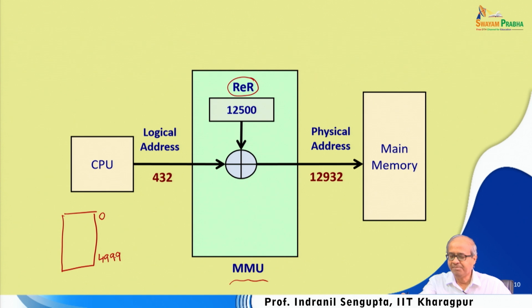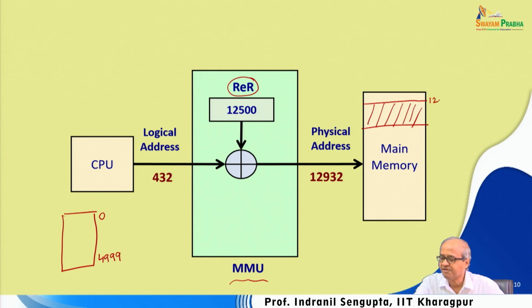In main memory, let us assume the process is loaded with the starting address 12,500, and the last address will be 12,500 plus 4999.